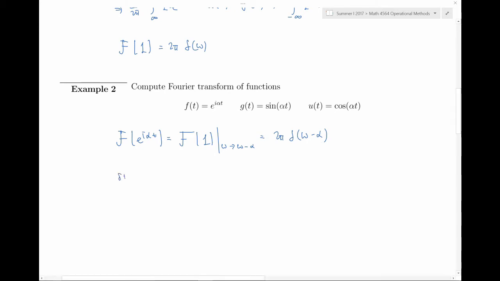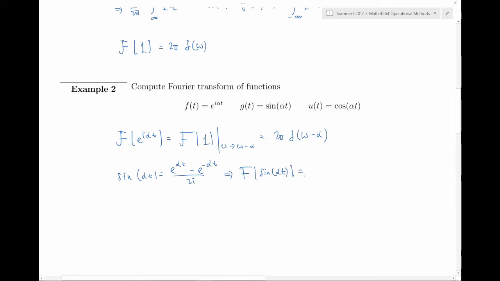So I can write that sine of alpha t is the same as e to the i alpha t minus e to the minus i alpha t, divided by 2i. Therefore, the Fourier transform of sine of alpha t is just a linear combination of two delta functions.